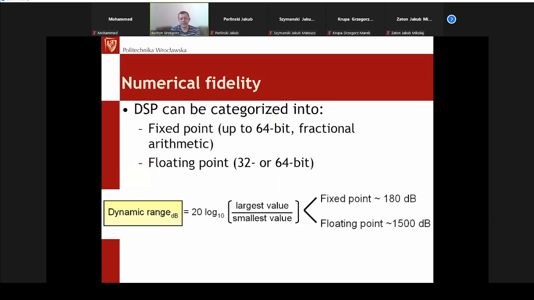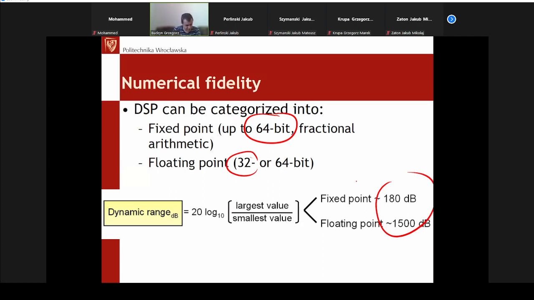That's why, if you are forced to use fixed point instead of 32-bit floating point, you need to use 64-bit fixed point, a fractional number. Then the resolution, the dynamic range, is comparable. 64-bit fixed point is slightly better than 32-bit float, but still more comparable than those two values.